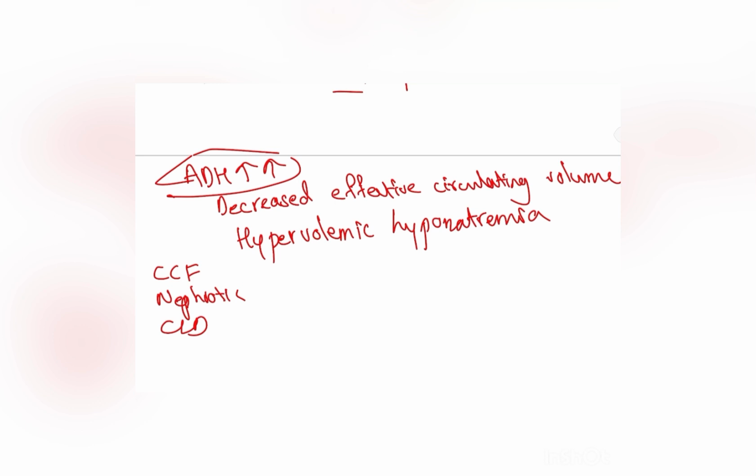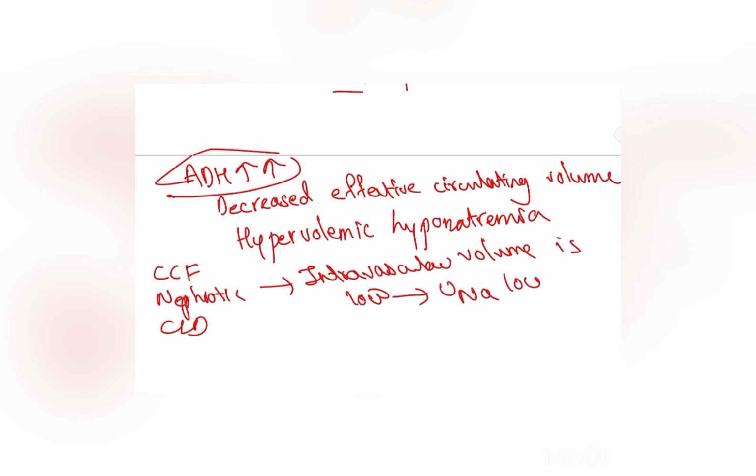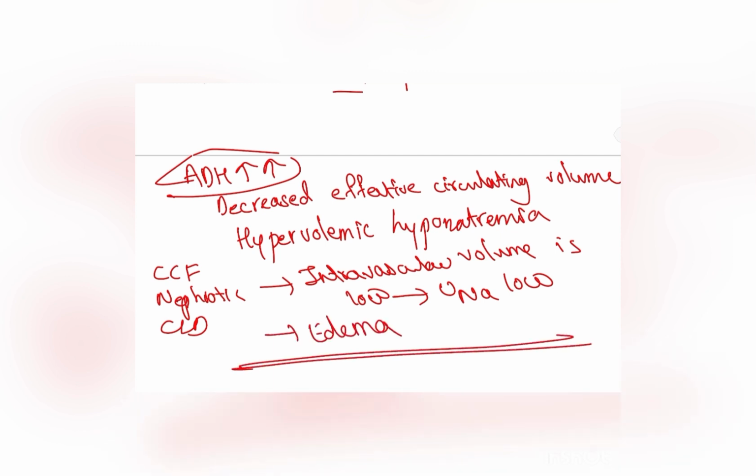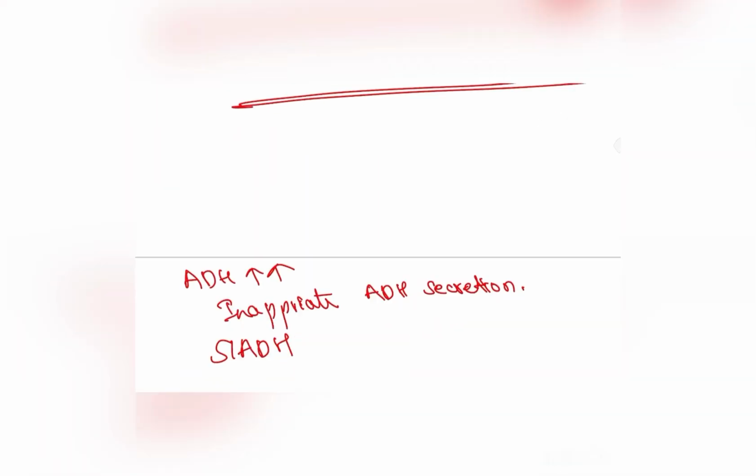In this again the effective intravascular volume is low, so urinary sodium is low. But the patient has edema. So the method to diagnose hypervolemic hyponatremia is that the patient has edema with low urinary sodium. So the causes could be congestive cardiac failure, nephrotic syndrome, or chronic liver disease.